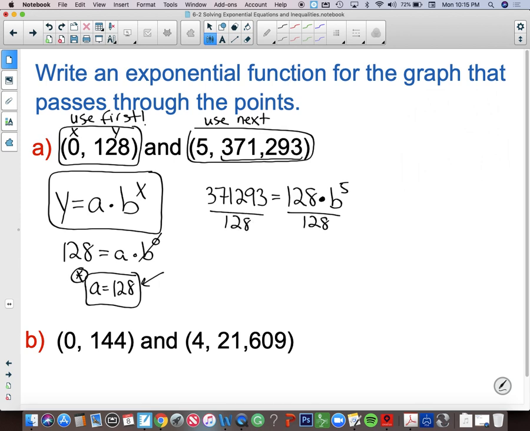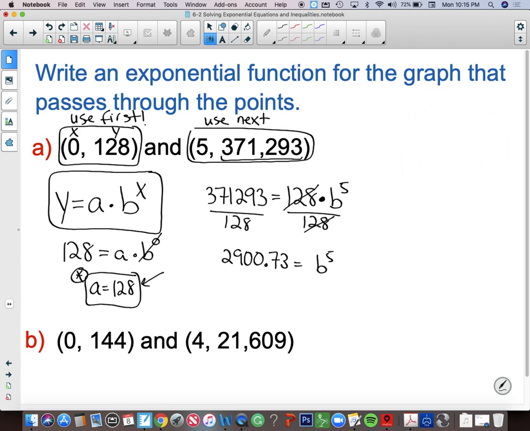Have your handy dandy calculator ready. So do 371,293 divided by 128. And that's going to give us about 2,900. I'm going to use the entire decimal in my calculator, but if you rounded, you'd get that.